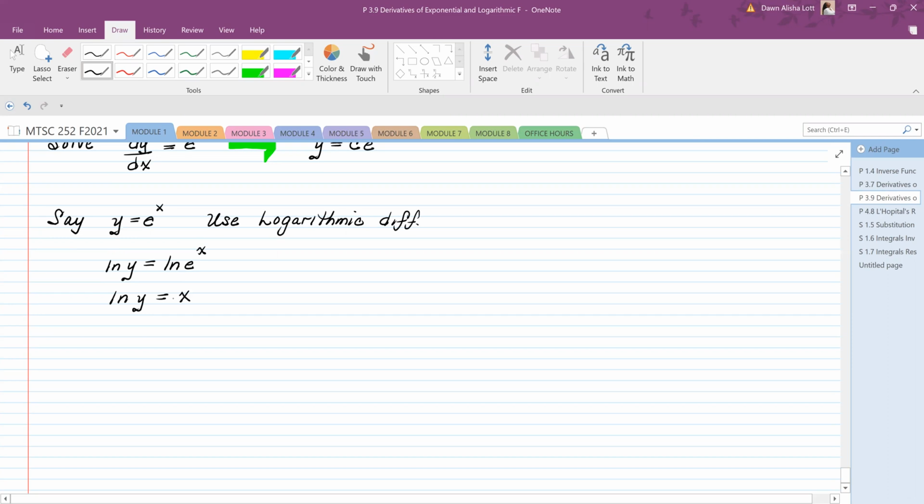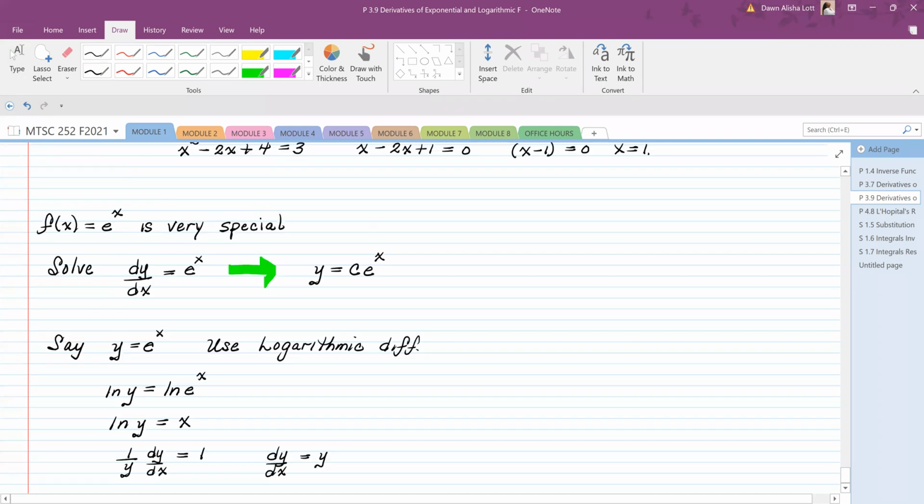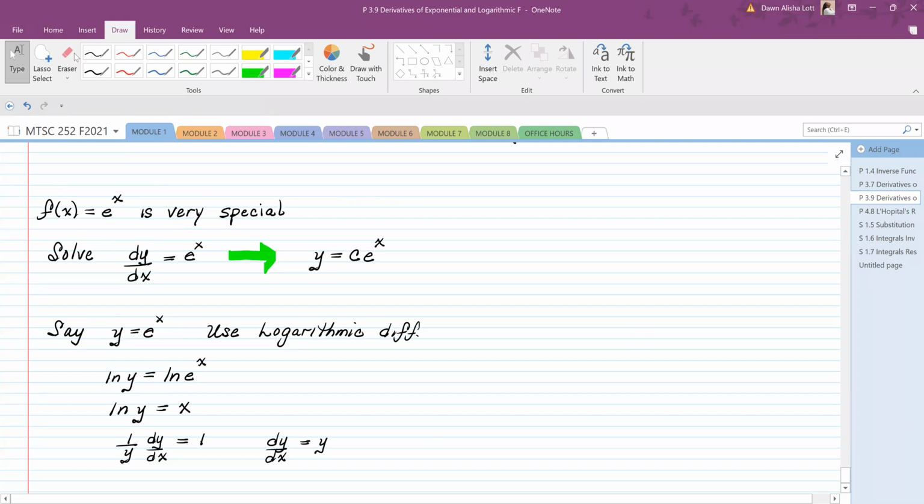So now let's take the derivative of both sides. So now when I take the derivative of the log of y, I get 1 over y dy dx. And the derivative of x is just 1. So now let's multiply by y. So I get dy dx is just equal to y. So I thought I made a mistake up here. This is wrong. This is supposed to be a y. Go back and make that a y.